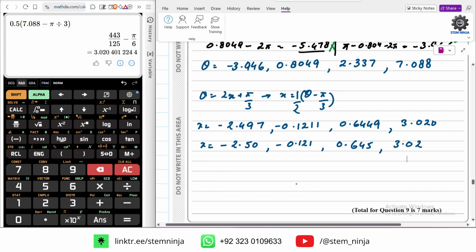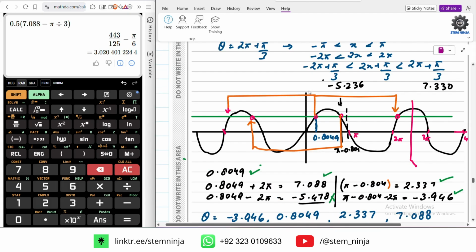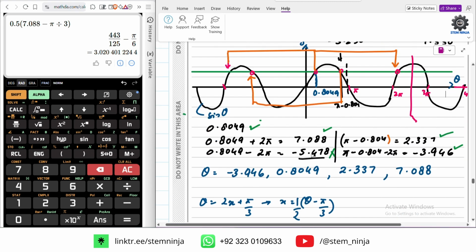Now notice that this was easy to work with from the sine theta graph. This is your y, this is your theta, because you could see the big picture over here. If you had attempted this using the cos diagram, you might have stumbled and made mistakes. So the graph lets you see the big picture. Right, okay, so this is this question. Let's move on to the next one.